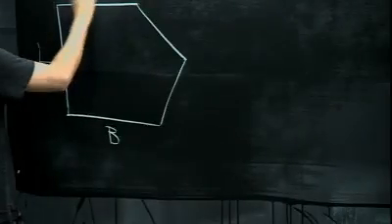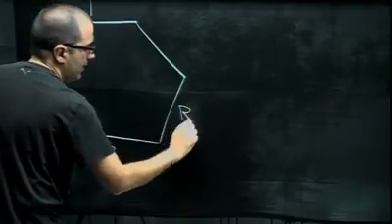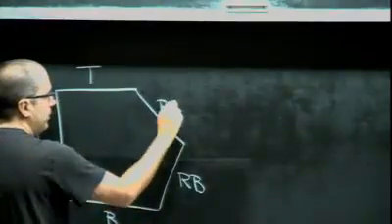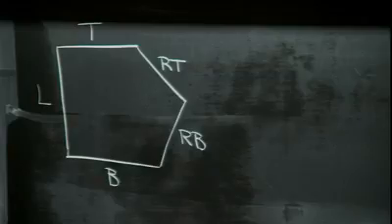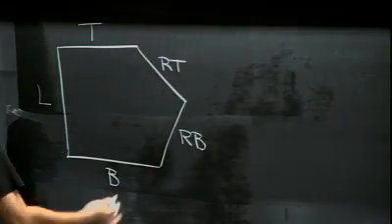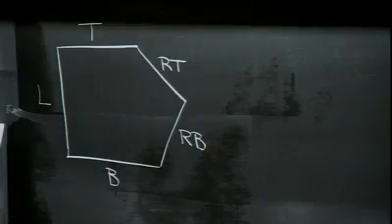Where we have bottom, left, top, right bottom, and right top. Yep, just the way I'm choosing to label it. So again, we have the freedom of fixing these twistors as we want. There are no cross ratios.